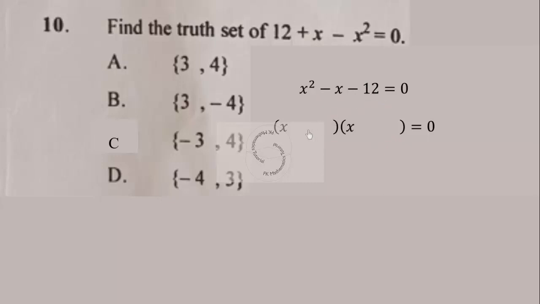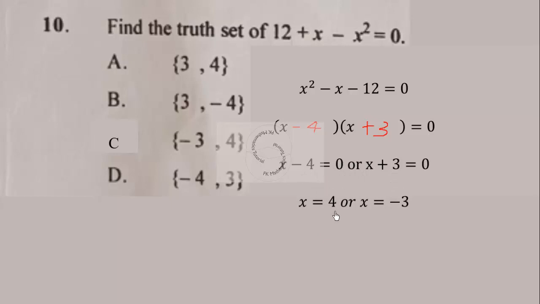And these are negative 4 and positive 3. These are the two factors of negative 12 that will add and give us negative 1. So it means that by the zero product principle, either x minus 4 equals 0 or x plus 3 equals 0.